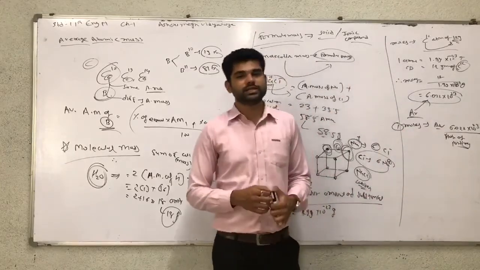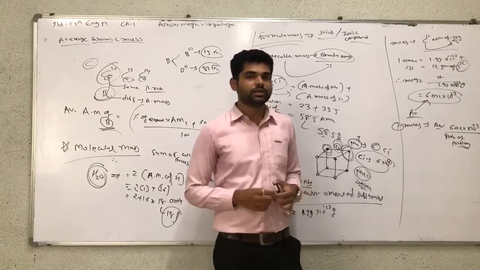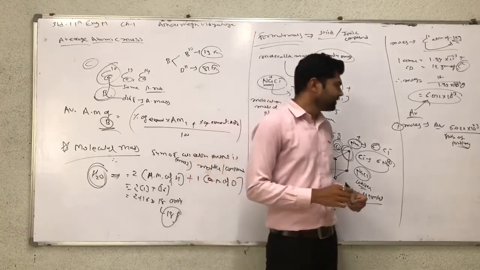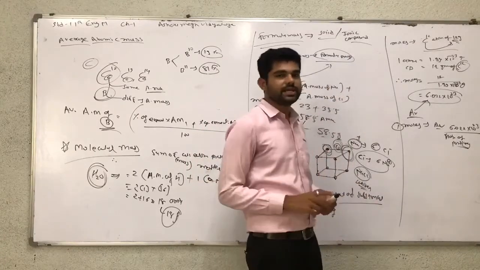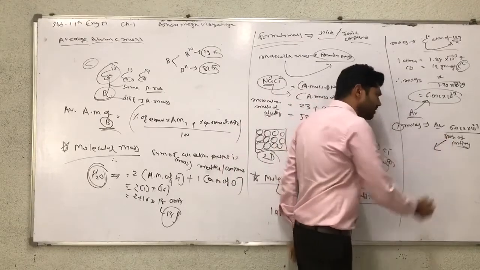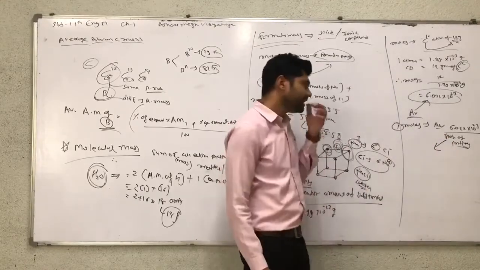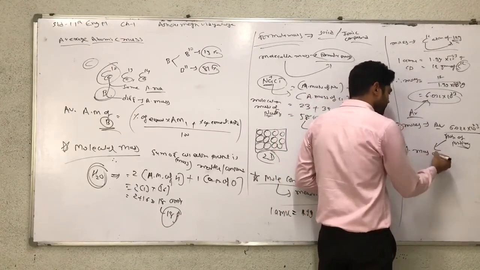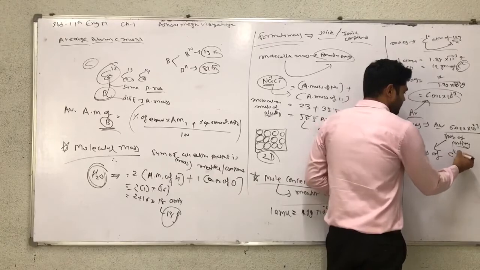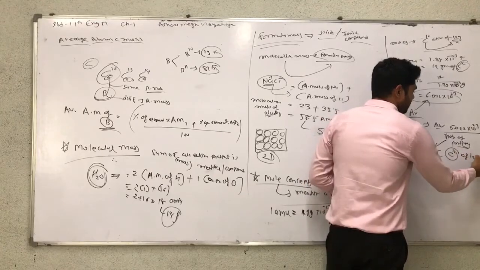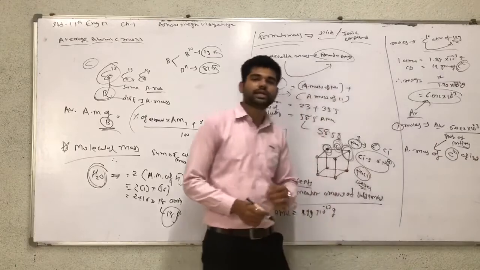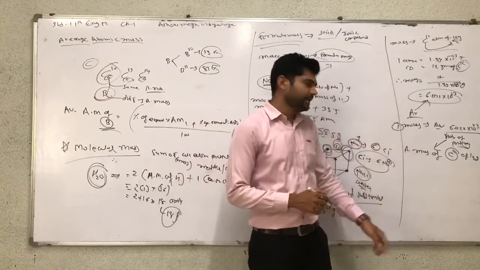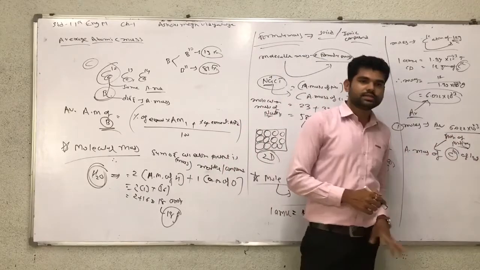So how can you classify and how can you calculate this number of particles? So take another experiment here. The Avogadro number means the number of particles in the atomic mass of C12, it means 12 grams. So we have to take 12 grams of carbon, it means 1 mole of carbon, and the number of particles is here.